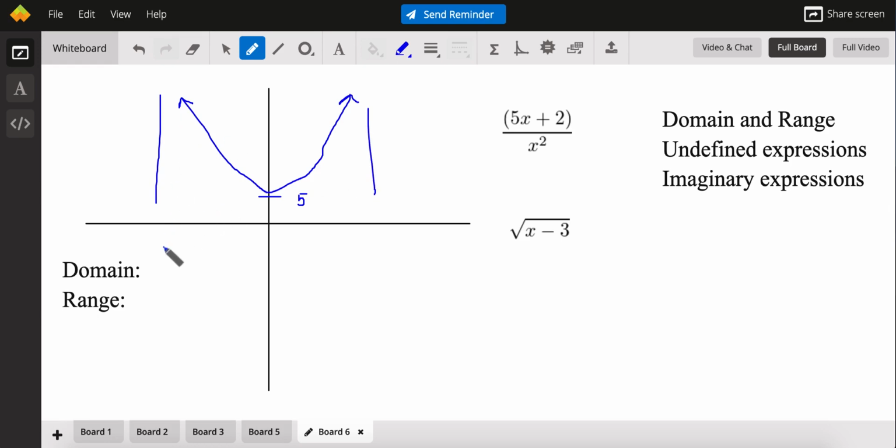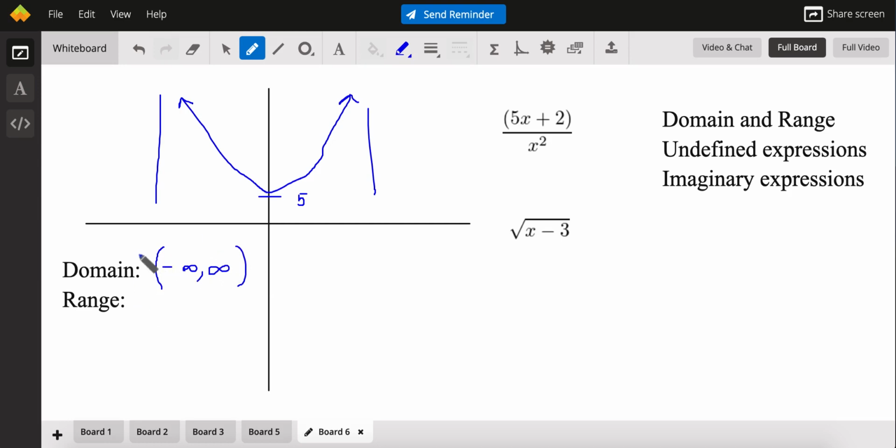On the left side, you can see that this thing's going to keep going up and left forever, so the domain starts at negative infinity. And it keeps going up and to the right forever and ever, so the right side is positive infinity. So you will say negative infinity to positive infinity is my domain.